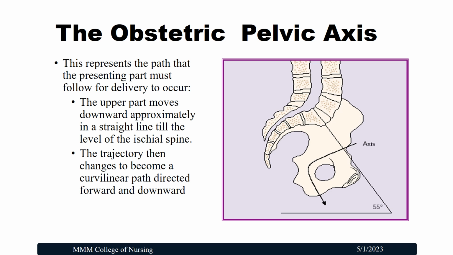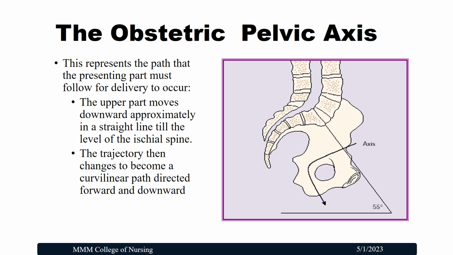Now comes the obstetric pelvic axis. This is during the time the baby, the fetus, passes through parturition in a normal vaginal delivery. Here these bones will get adjusted to encourage smooth parturition. This represents the path that the presenting part must follow for delivery to occur.